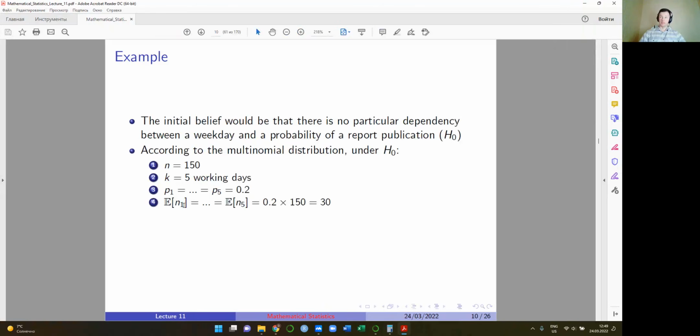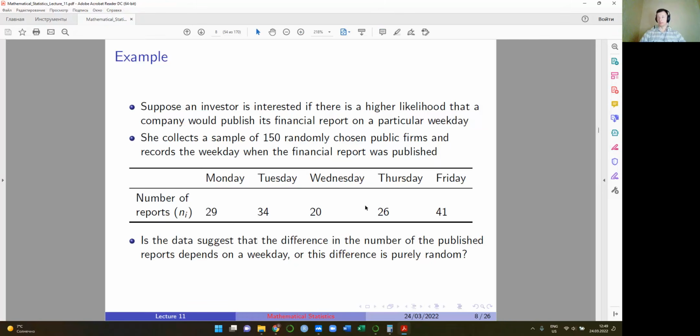The expected number of reports out of these 150 that fall into a particular day must be calculated simply as 0.2 times 150, and that's 30. So we expect to see 30 reports out of 150 every day.